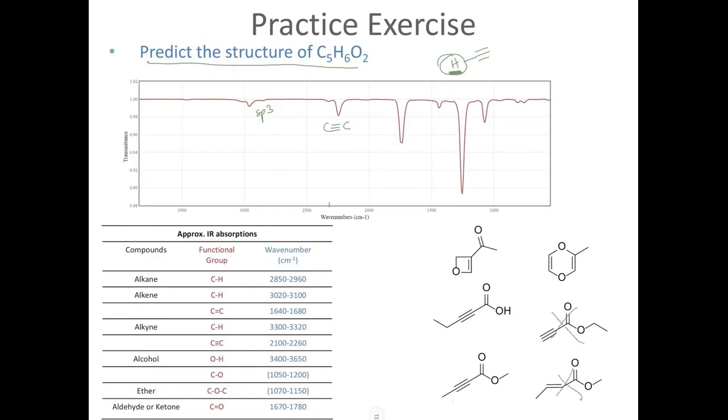So there are only two options. We do not have a peak which is a signature for carboxylic acid. So it definitely tells us that the structure is going to be the one circled, where we can identify the carbonyl to be that one. Okay.